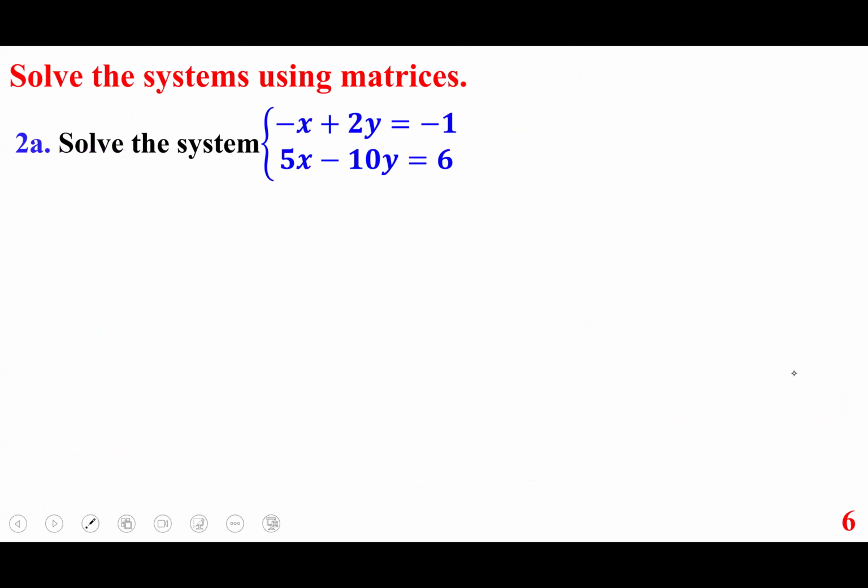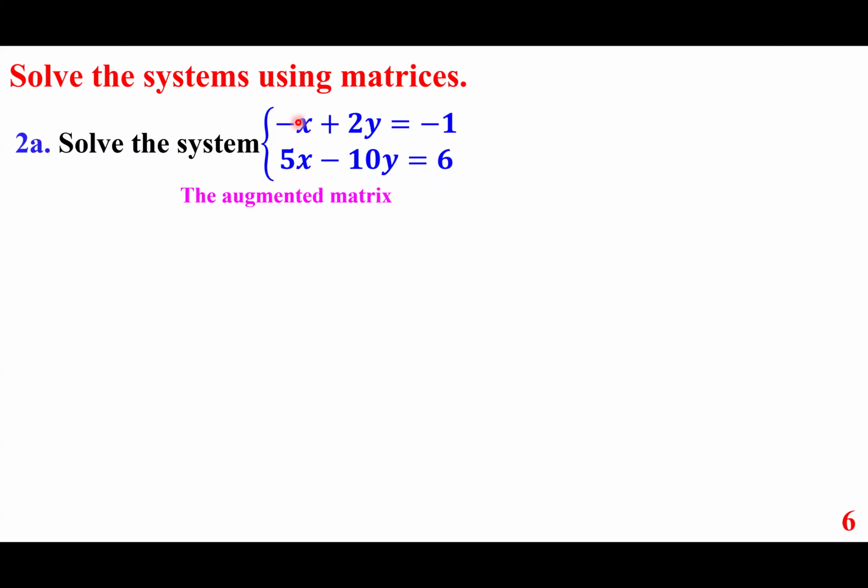So we use this methodology to solve the system. We want to come up with the augmented matrix, and basically you drop the variables and you just keep the coefficients. So the row becomes -1, 2, -1, and 5, -10, 5.